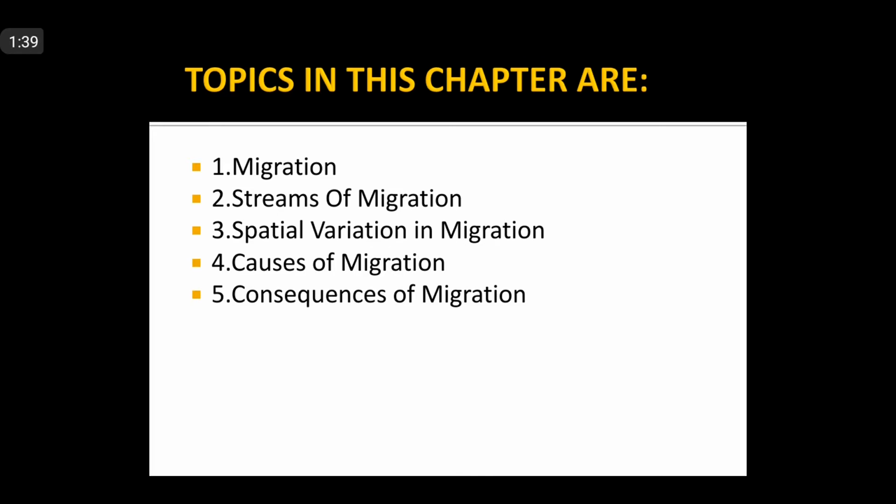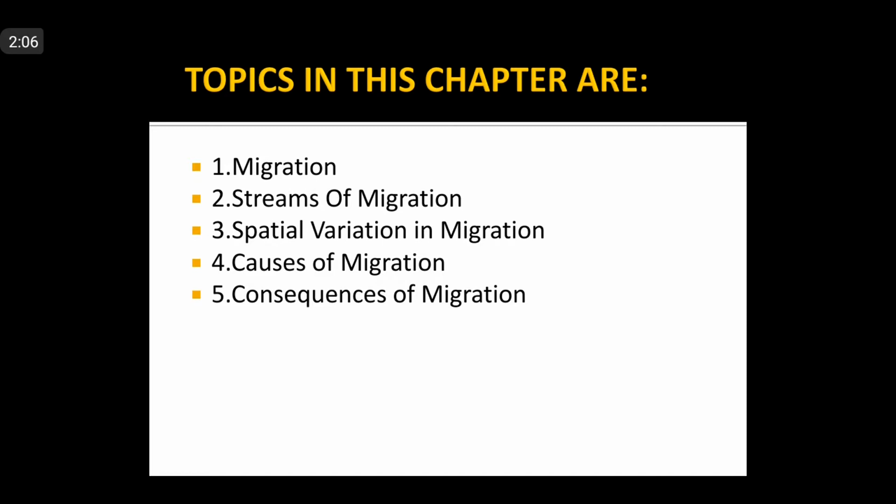And then migrant by place of last residence, do you remember? Yes. If a person's place of last residence is different from the place of enumeration. So these are the two types of migrants on the basis of enumeration of census. So you should keep all these things in mind.